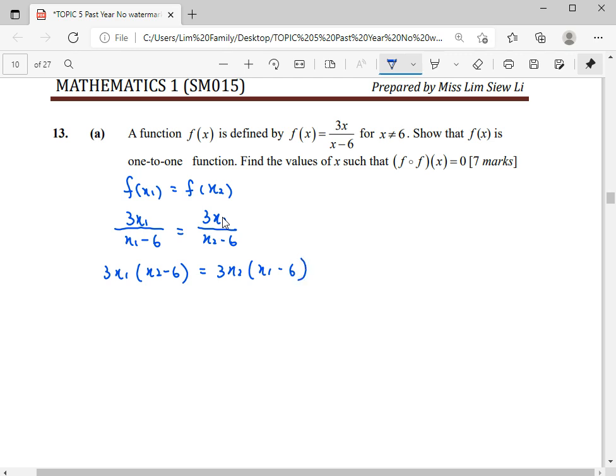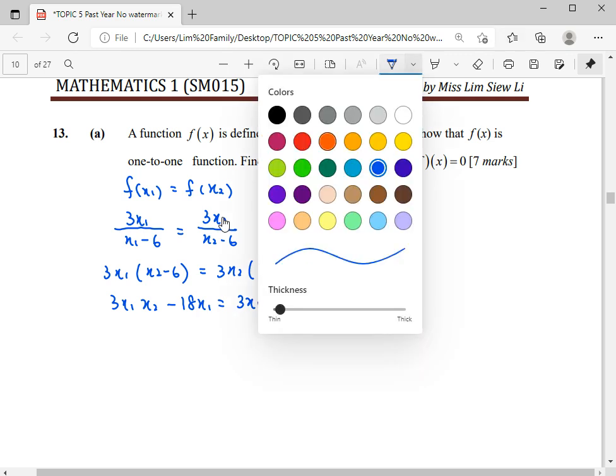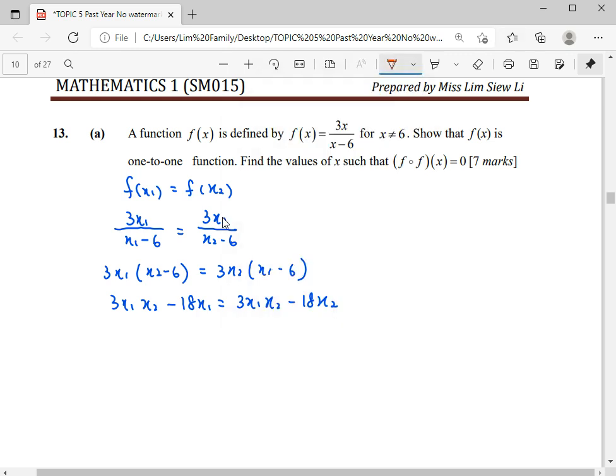Okay, so we expand it, then we gather back our x1. So here is 3x1 x2 minus 18x1, and then here will be 3x1 x2 minus 18x2. We gather back our term x1 because we want to find out our x1.